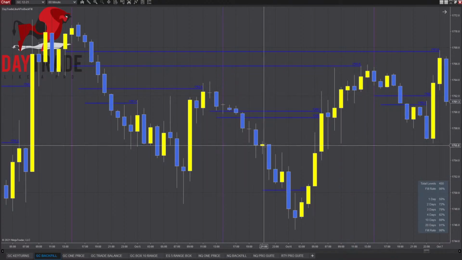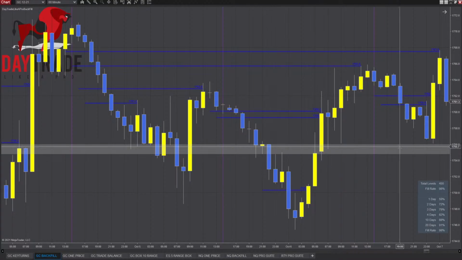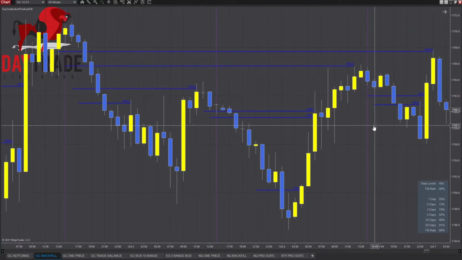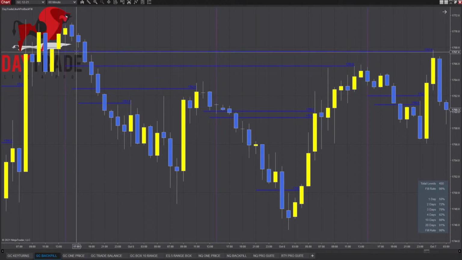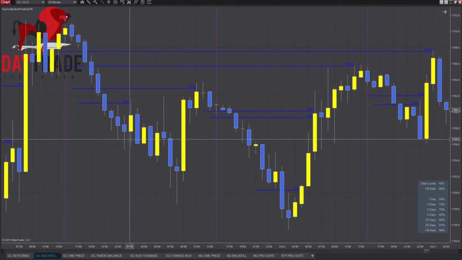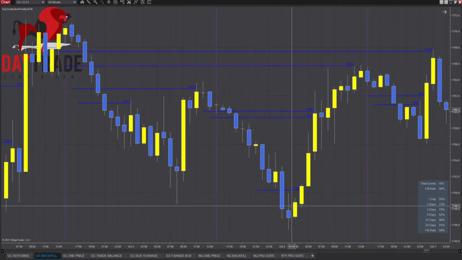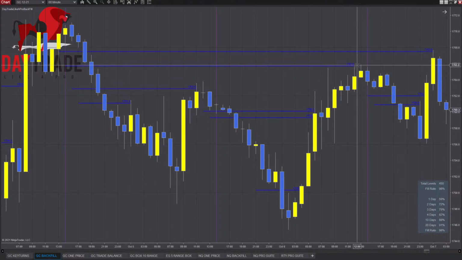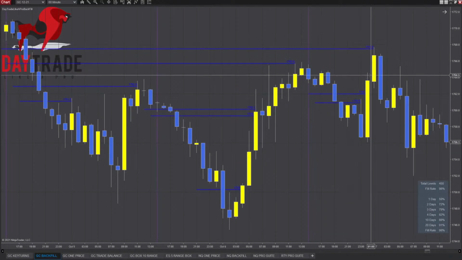Notice where it moves down to, right here, right into that area, really close. And then it moves up here. Isn't this amazing how it comes back to these backfill prices? Look, big move down, comes up, hits it, sells off, comes back up, hits it, sells off, and then this is a big, massive move.